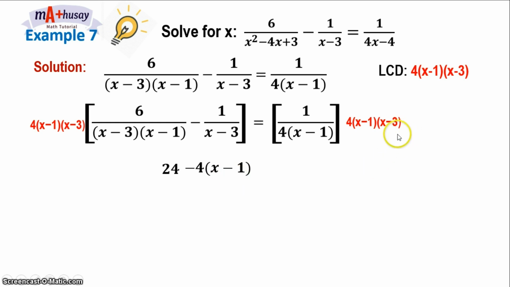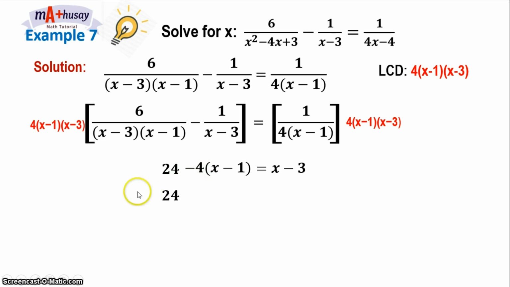Now, sa right side of the equation, pwede na nating i-cancel out ang 4 times x minus 1. So, ang maiiwan is x minus 3 times 1, which is x minus 3 lang. So, in this case, mas simple nang tignan ang ating equation. So, we can simplify the left side of the equation.